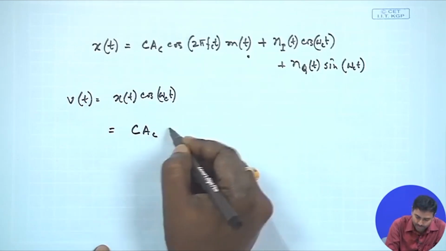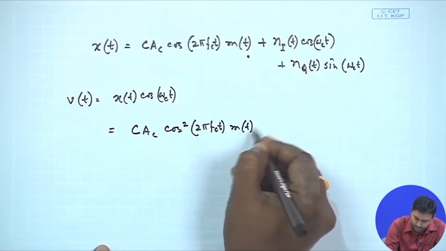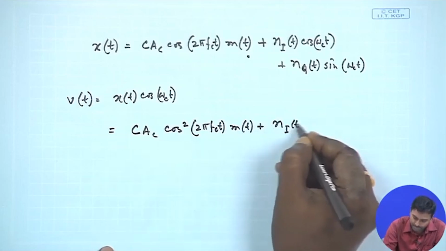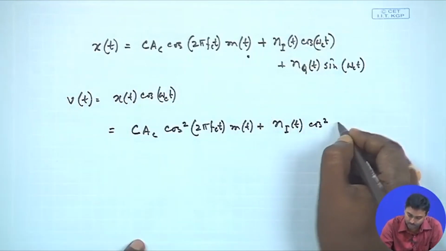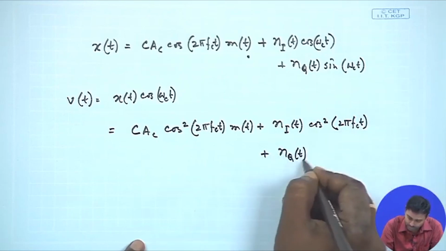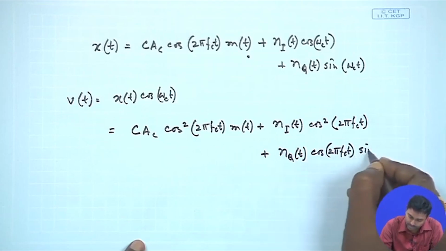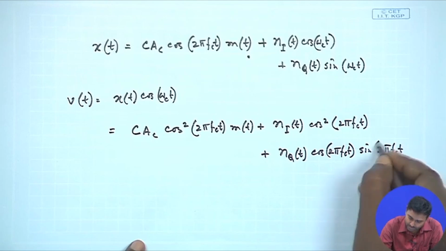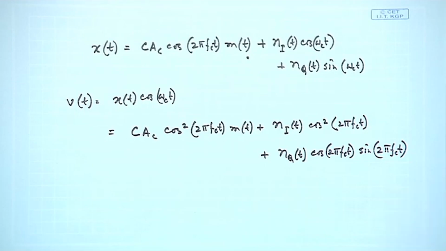So, that is A_c cos square 2 pi f_c t into m(t) plus n_I(t) cos square 2 pi f_c t plus n_Q(t) cos 2 pi f_c t into sin 2 pi f_c t. So, this is what we get, the overall expression after the multiplier.